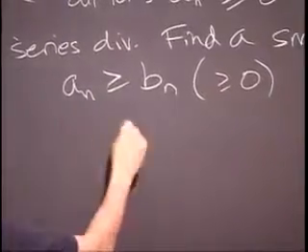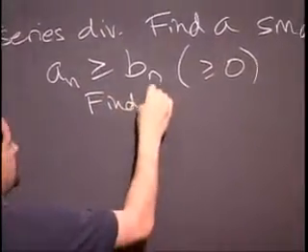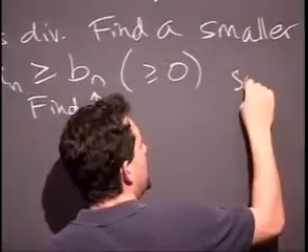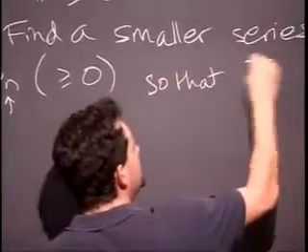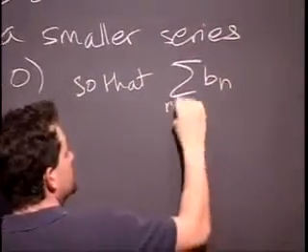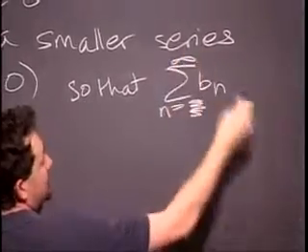So find this so that the new series that is simpler, and it doesn't matter where it starts, diverges.